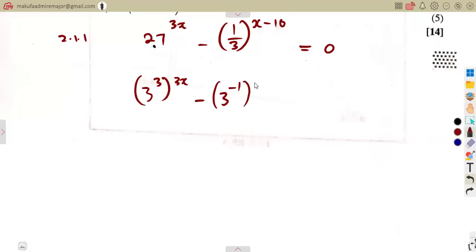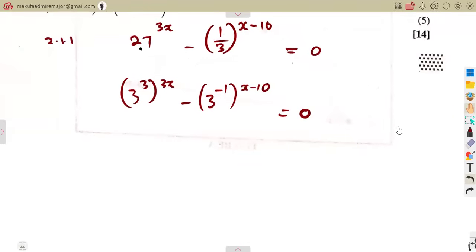But it is being raised to the exponent of x minus 10. And that's equal to 0. A normal 0. There's nothing there. So you can't write this as 3 to the x, because that's a 0, not a 1. There's nothing that you can do with the 0 there.